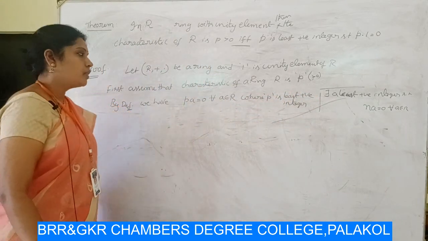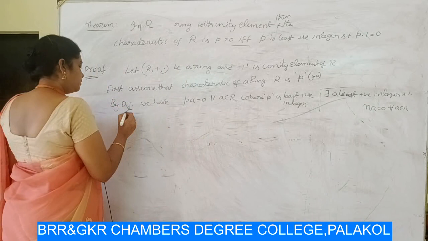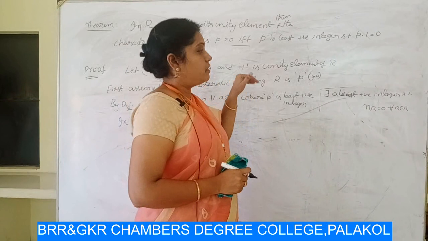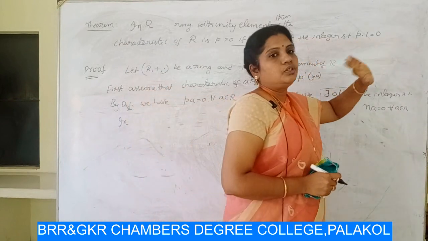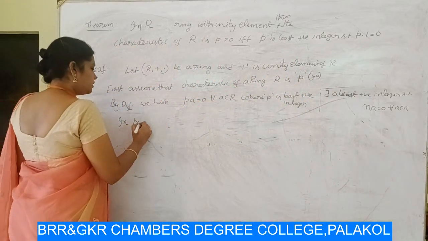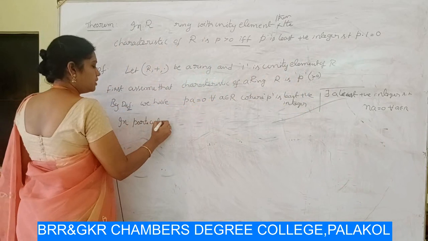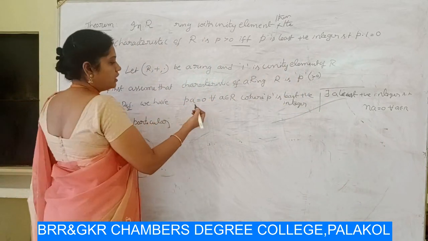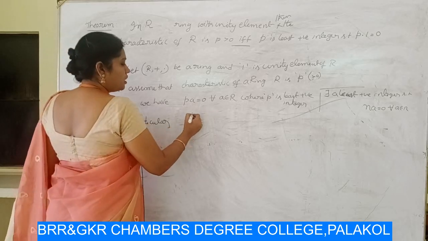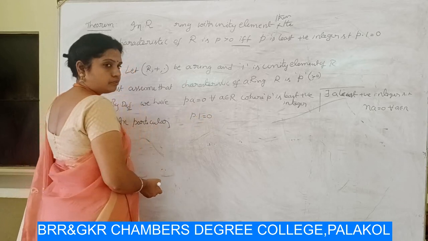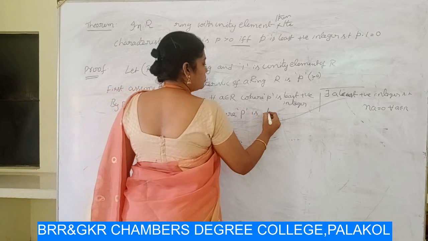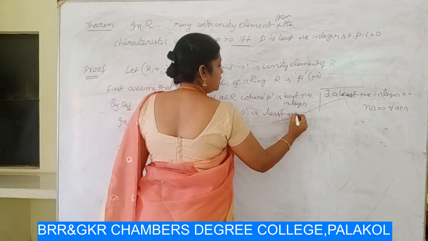Therefore, in particular, first we assume that the characteristic of a ring is P. In the first part we have to prove that P into 1 is equal to 0 where P is the least positive integer. So in particular we take the unity element, which satisfies the condition Pa is equal to 0. That means P into 1 is equal to 0 where P is the least positive integer.